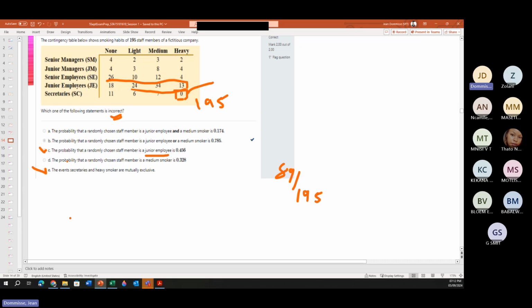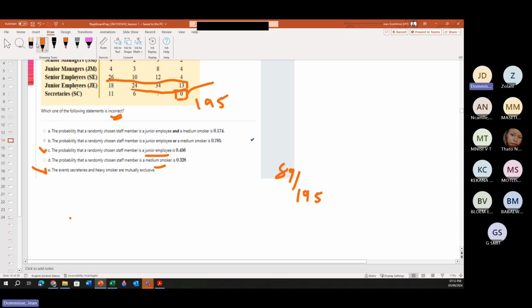But before I go with the ands and the ors, I would rather work out the easier ones. The probability that a randomly chosen staff member is a medium smoker. So medium is going this way: 3 plus 8 plus 12 plus 34 plus 7, I think.